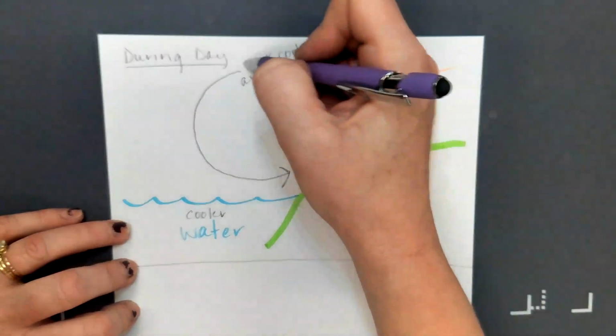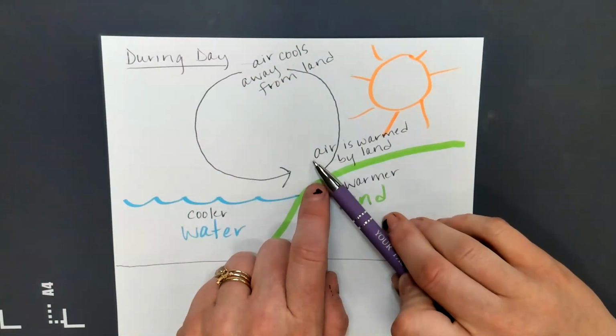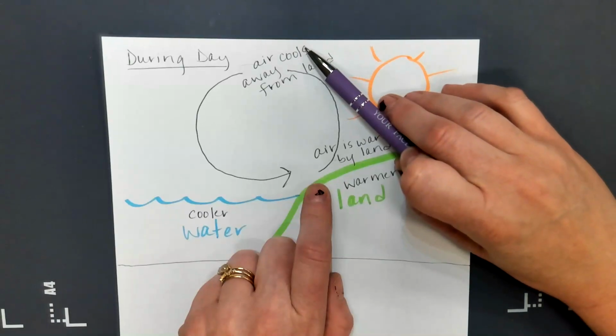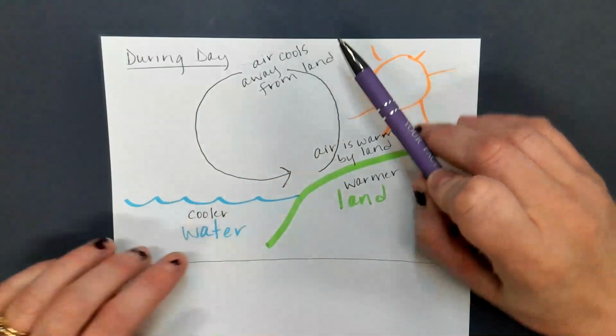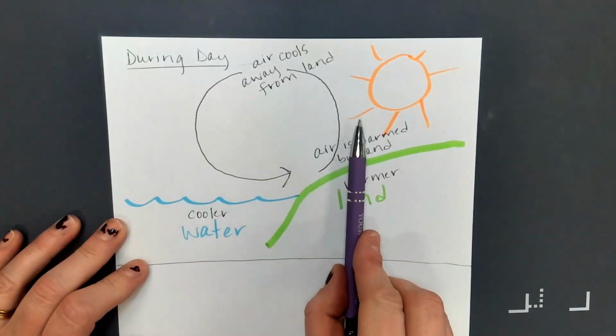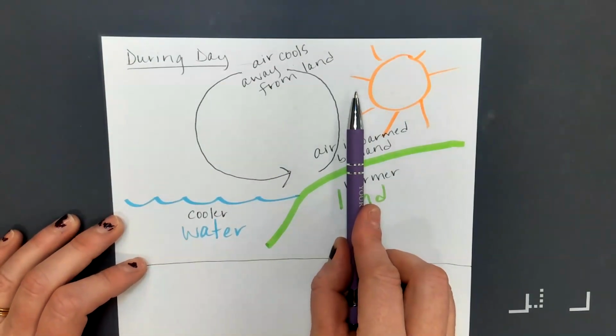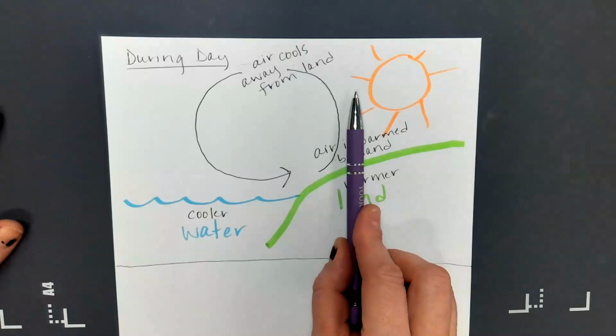Now this air here is leaving, isn't it? Because it's rising. So this cool air is going to rush in and take its place. So if I'm standing right here on this land, what am I feeling? Air is rushing at me.